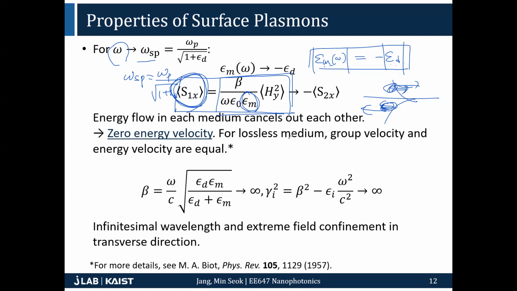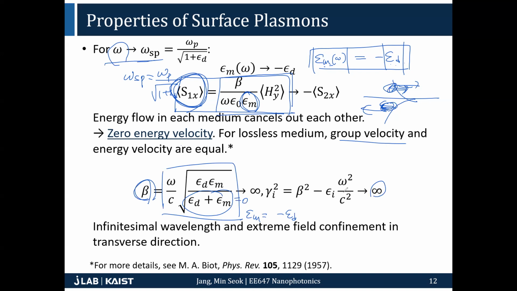So for a lossless material at this frequency, when omega approaches the surface plasmon frequency, we can achieve zero energy velocity or zero group velocity. And in this condition, if you look at beta, which is defined by the dispersion relation, and as I said epsilon m is equal to minus epsilon d, the denominator becomes zero so that beta diverges.